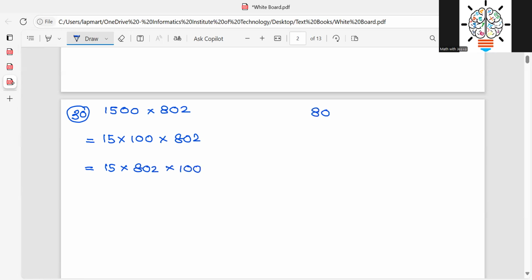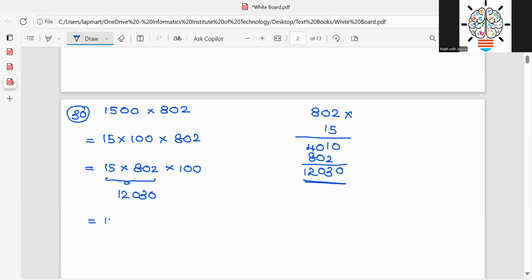I go to the working column and multiply 802 by 15, like this. When I multiply 802 by 15, it gives me 12,030. So then here I can write 12,030 multiplied by 100.